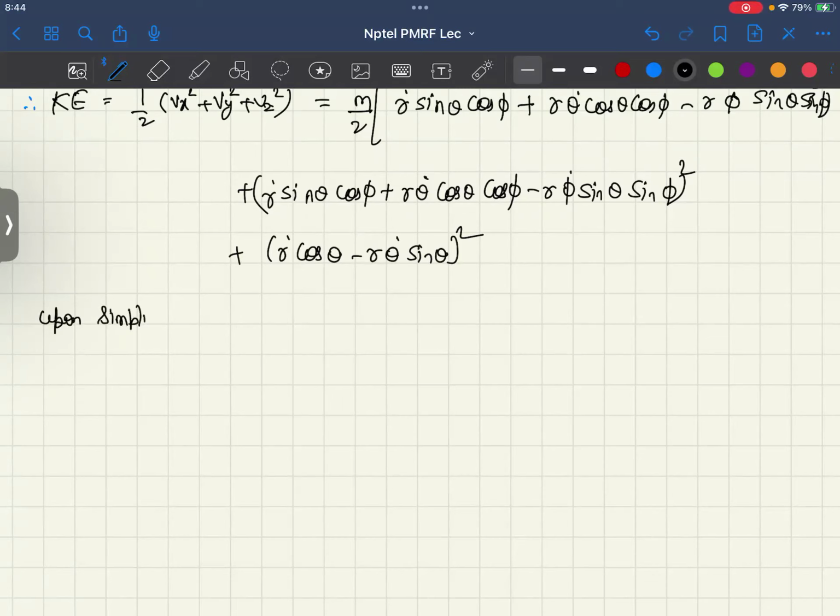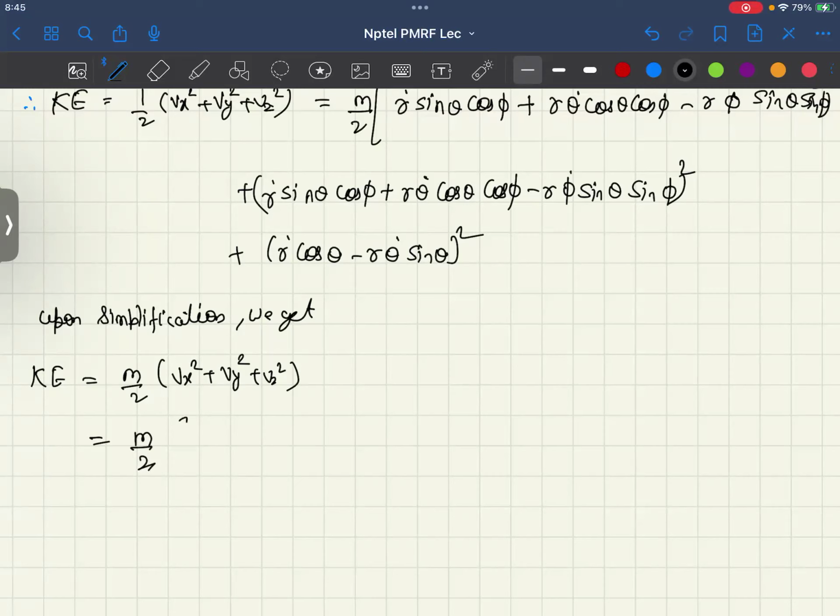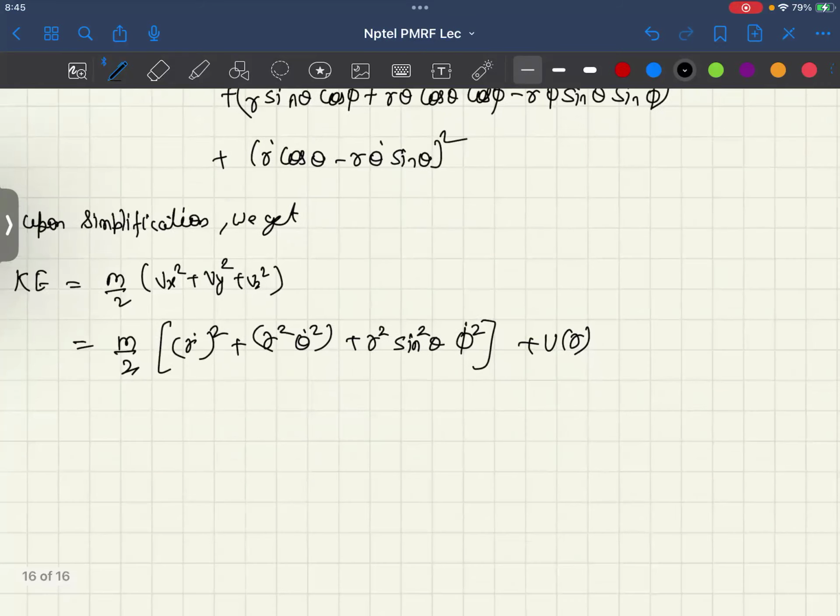Upon simplification we get kinetic energy equal to m by 2 into (r dot square plus r square theta dot square plus r square sin square theta phi dot square), and the Lagrangian is this minus U of r.